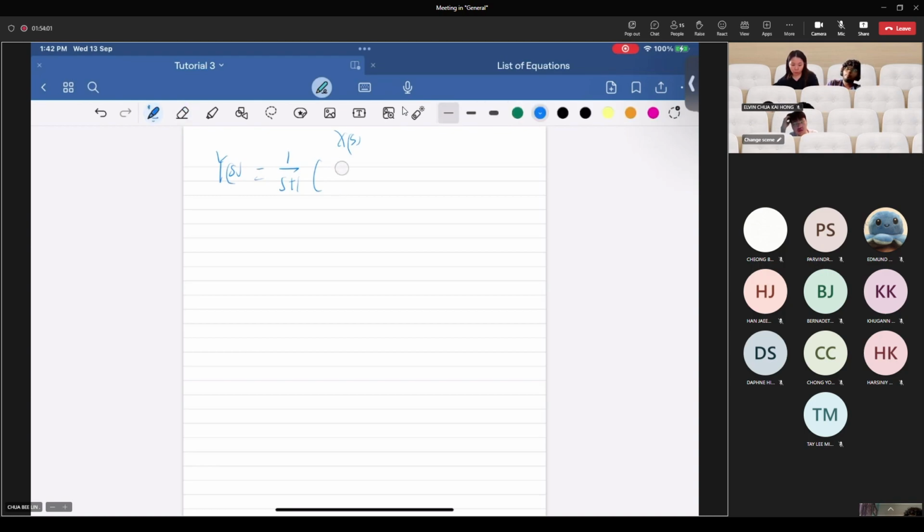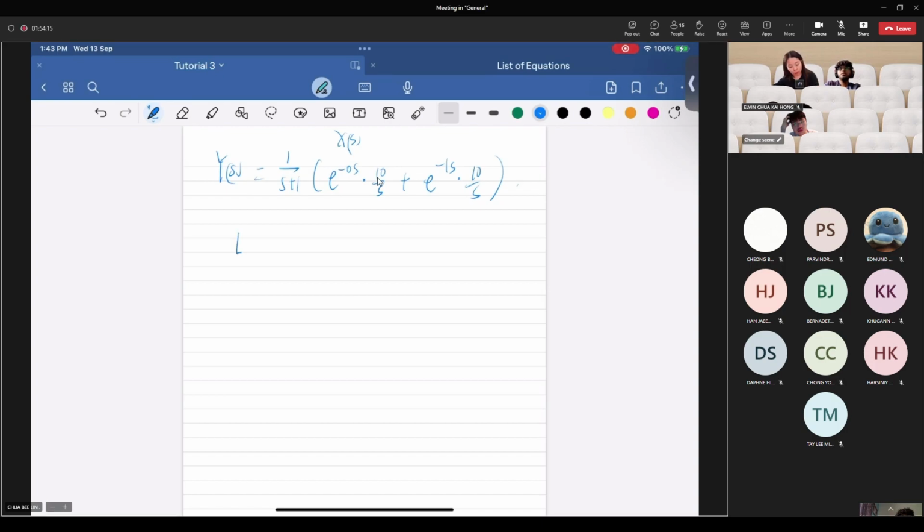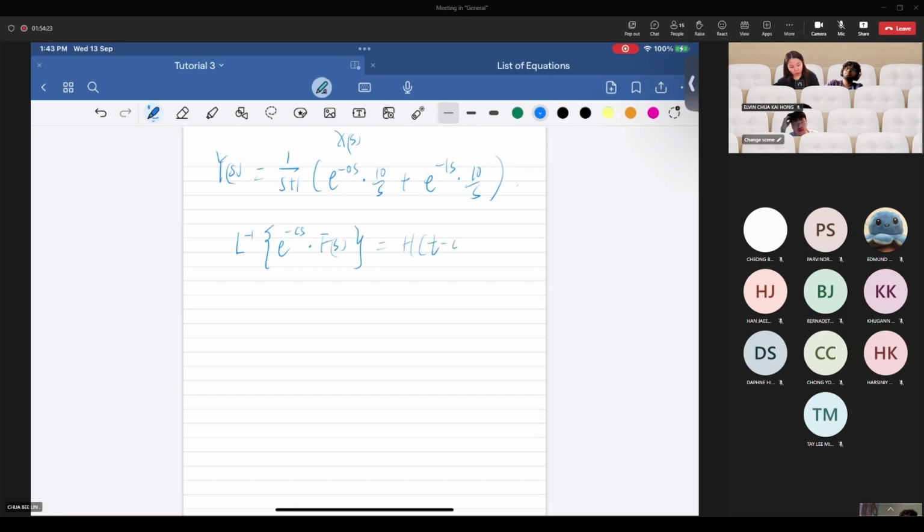So I will keep originally one, e^(-0s)·10/s, plus e^(-1s)·10/s. Okay, always compare with its inverse Laplace. e^(-cs)·F(s) will give you the answer of h(t-c)·f(t-c).